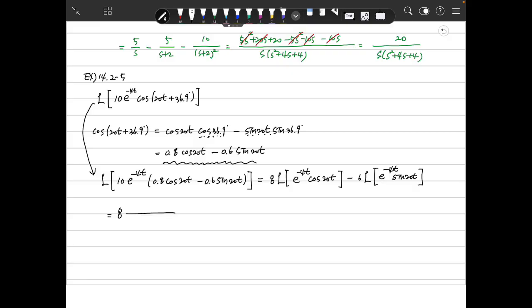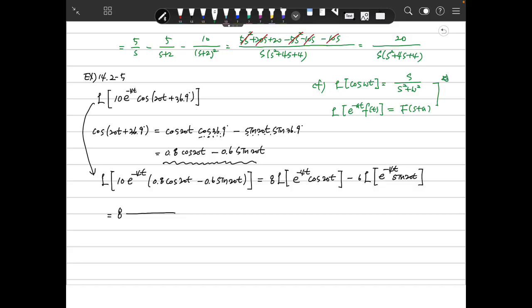Then what is that? You know that the Laplace of cosine omega t was s over s squared plus omega squared. And Laplace of exponential minus at f(t) was F(s plus a).